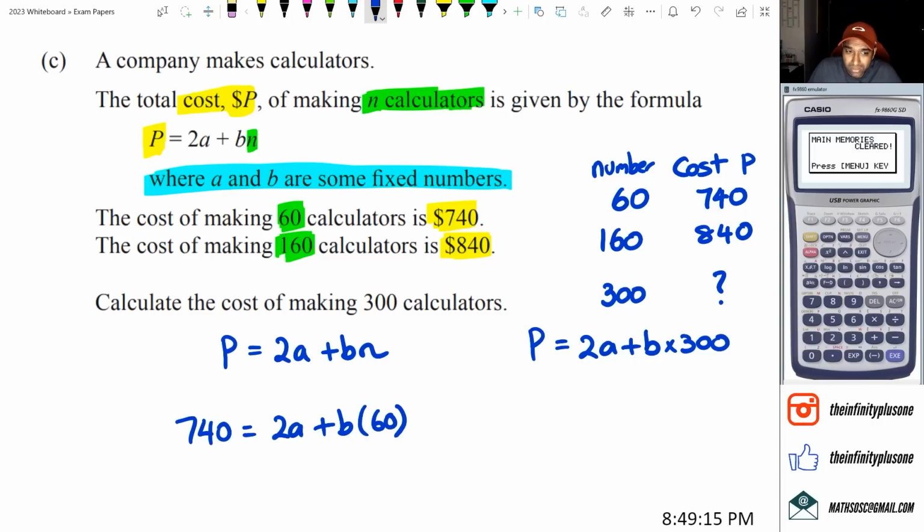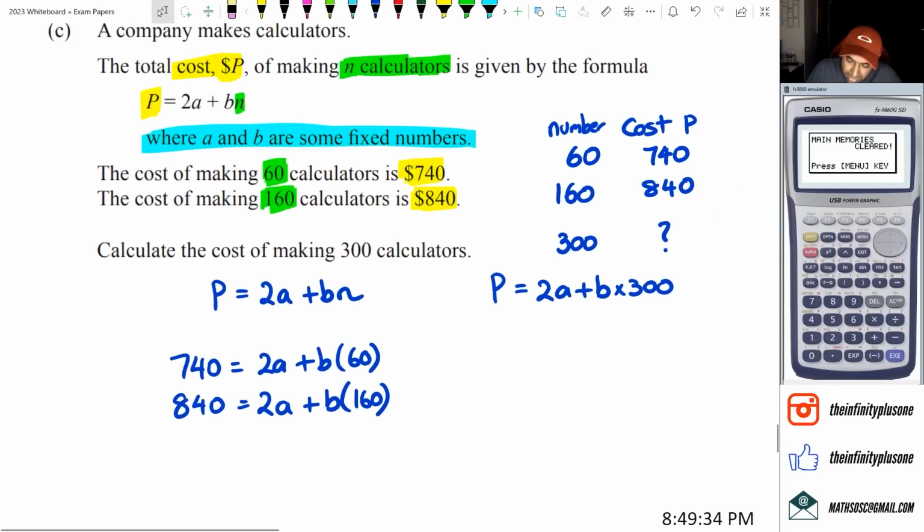We also have a second equation, which is 840 equals 2A plus B times 160. And lo and behold, we actually have a set of simultaneous equations.